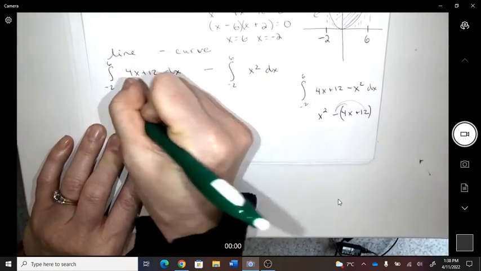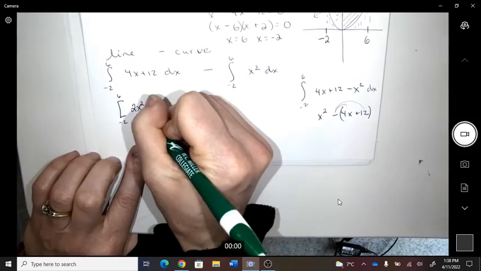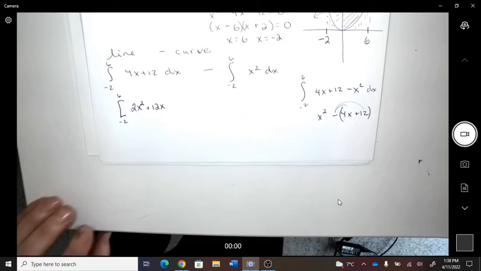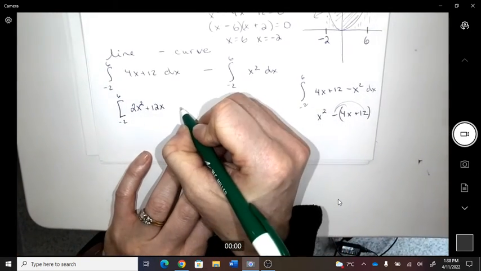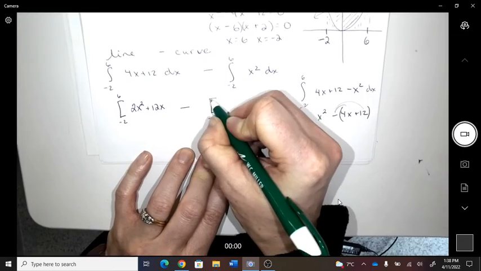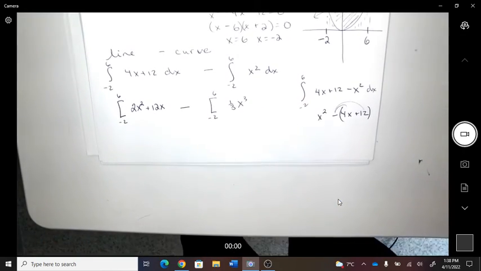Antiderive them. So 2x squared plus 12x. You should be getting good at this one. The x squared turns into a third x cubed. I think we've had that one a bunch of times.